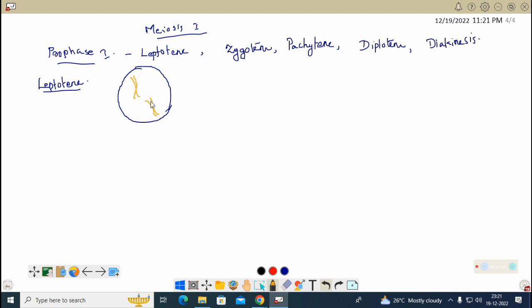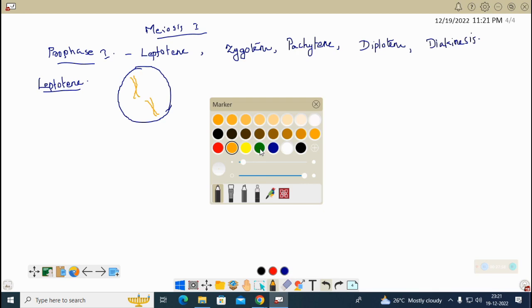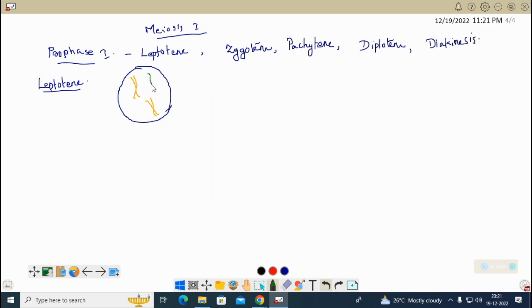This is a homologous chromosome pair. This is chromosome number 1 received from father, and this is received from mother. Both are chromosome number 1, and both have undergone multiplication and formed sister chromatids. Understand this much? Now we will see chromosome number 2, which I'm drawing with the green color.